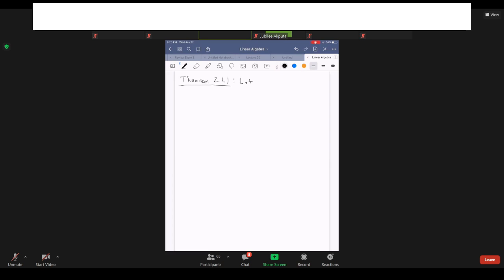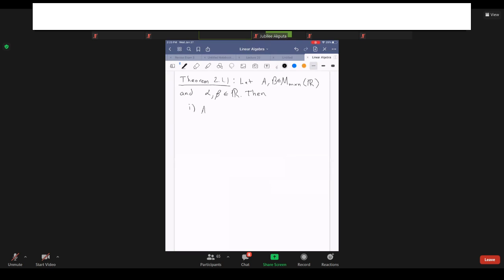Let A, B be n by n real matrices. Oh yeah, and alpha and beta be real numbers. Okay. Then yes, we have these properties.